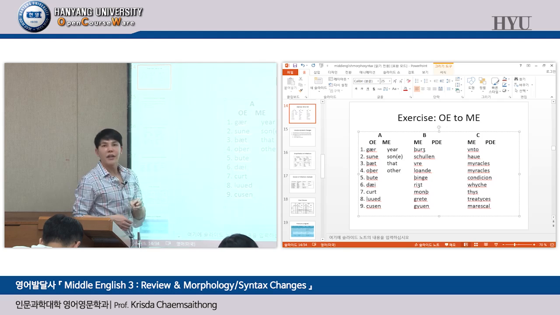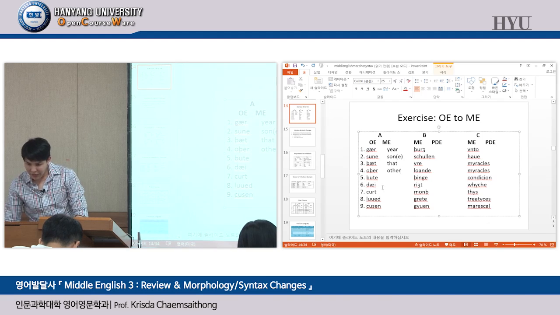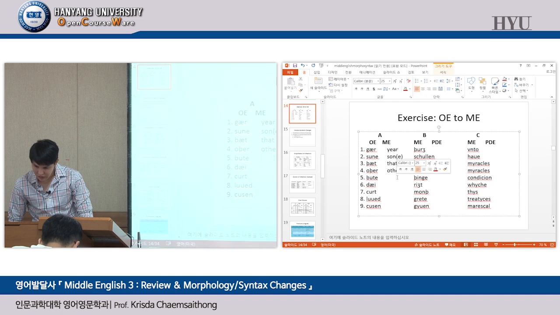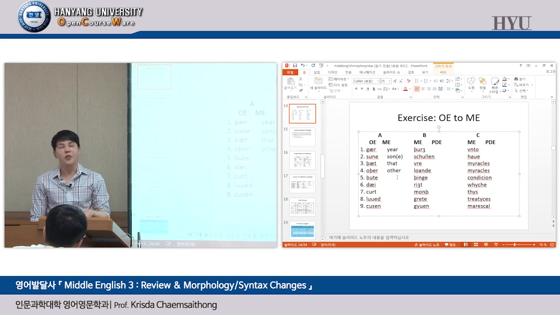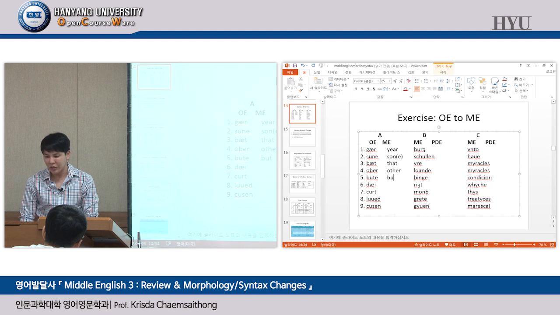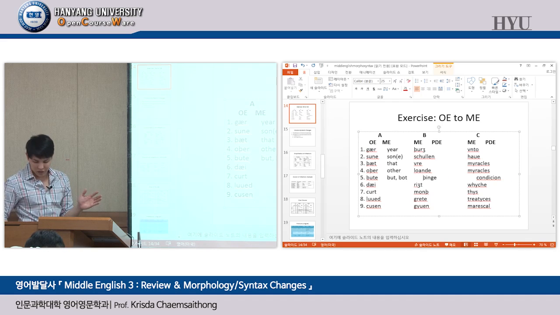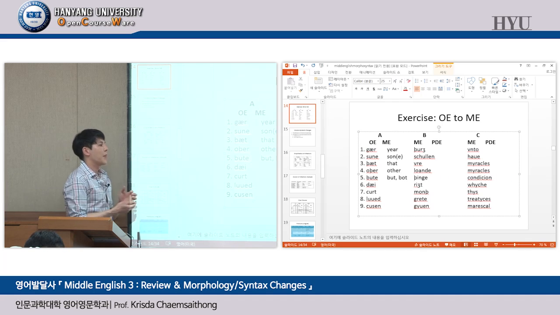And then number five, let's see. Number five, you might see the spelling variations between BUT and BOT, depending on whether it's late or early Middle English, right?